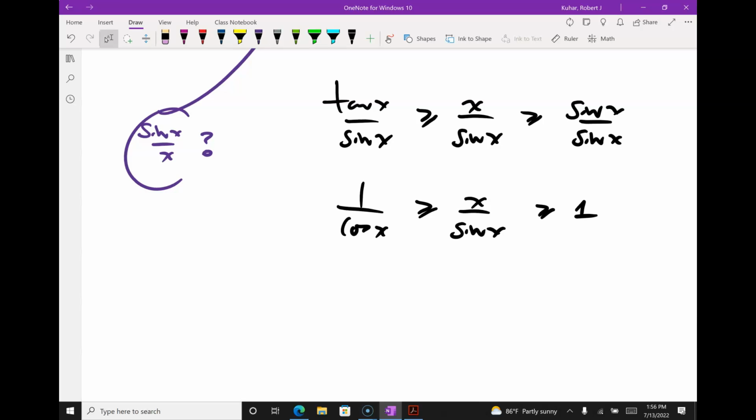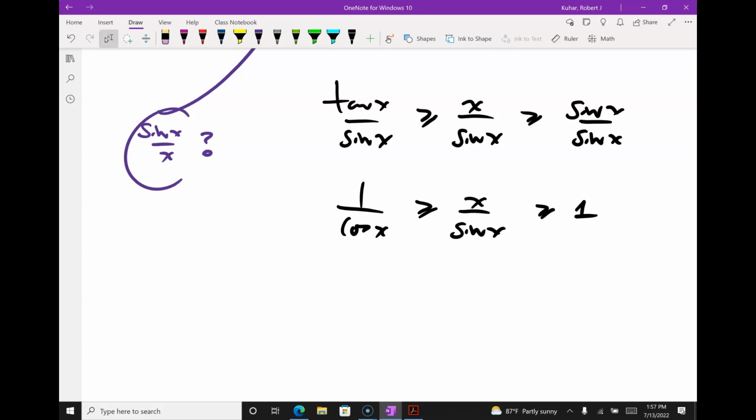Now, it's still not what I want. I don't want x over sine x. I want sine x over x. So what should I do? It's okay to be wrong.